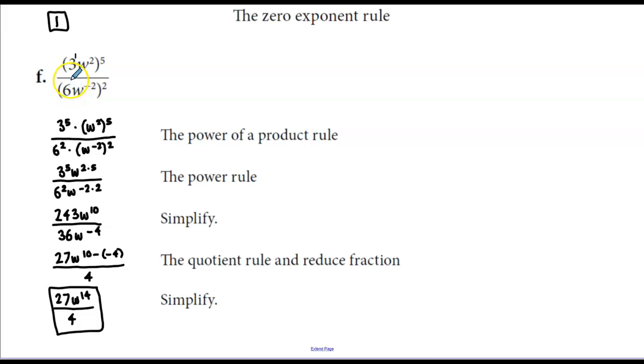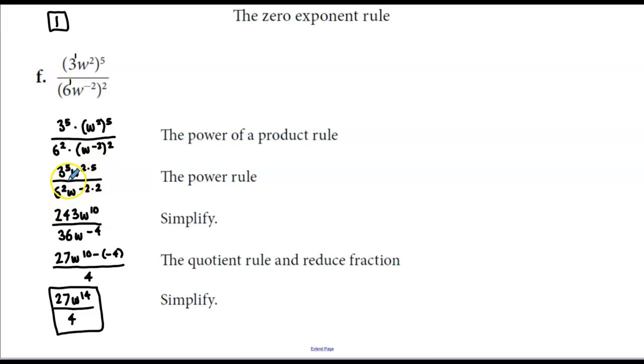Now again, 6 has an exponent of 1, and w has an exponent of -2. So we have 2 times 1, which is 6 to the 2nd power, and this becomes w to -2 to the power of 2. So we end up having 3 to the 5th power times w to the power of 2 times 5.